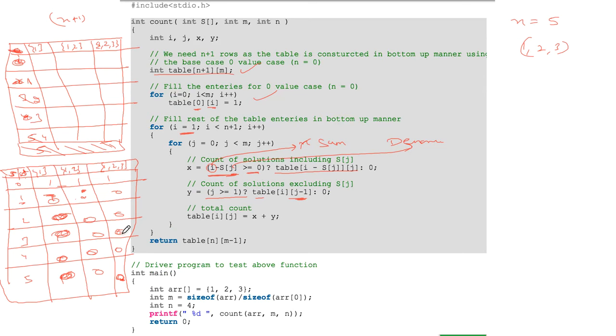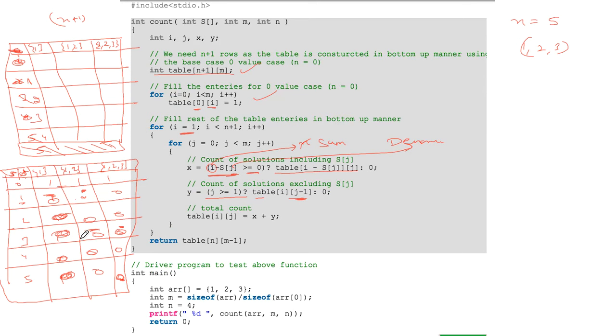So let's take this entry. Let's say I have to fill this entry. There are two options: either to include 3 or not to include 3. The new entry that just came over here is 3. If I don't include 3, then what is the answer? Creating 3 with 1 and 2, which is this entry.